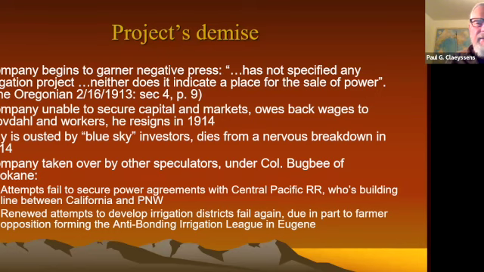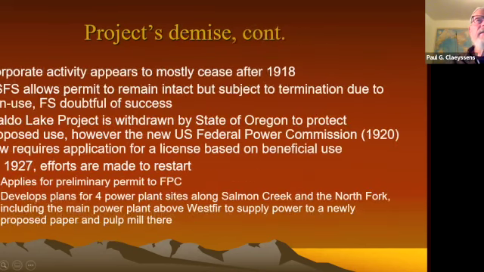And they just felt like they were a bunch of speculators. And ultimately, the local farmers in the Willamette Valley got together and formed the Anti-Bonding Irrigation League, because they didn't want to end up footing the bill for this kind of a scheme. So that put the kibosh on the whole thing, fortunately.